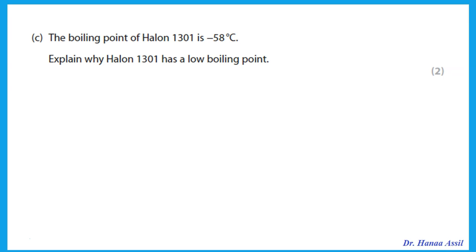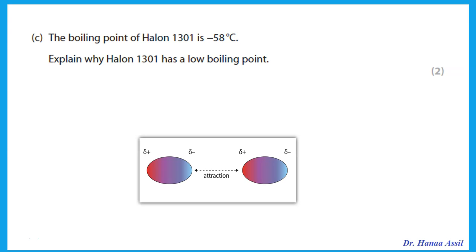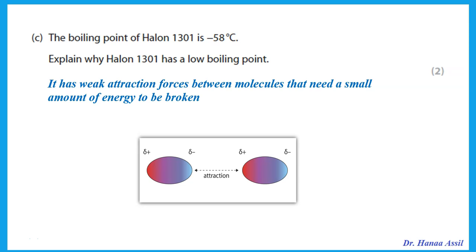The boiling point of halon is low. Explain why it has low boiling point. If we say anything has low boiling point or low melting point, this is because it has weak attraction forces between molecules that need a small amount of energy to be broken.